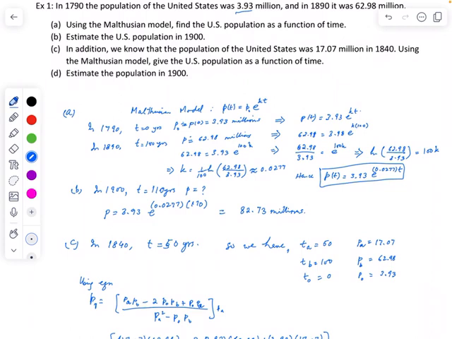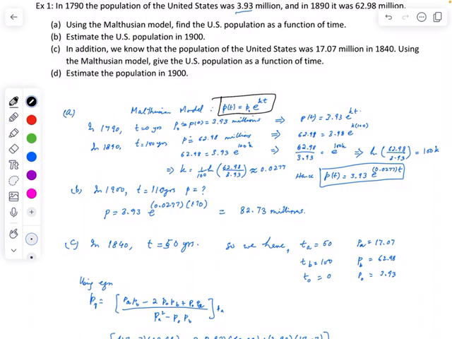Plugging into the equation, we get P sub 0 is equal to 3.93, and that we can immediately plug in for P naught in the formula. Here is the formula for the Malthusian model. So P naught is 3.93. Then the second data value is in 1890.